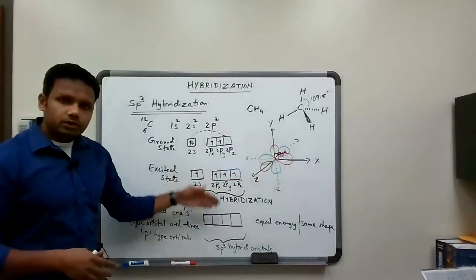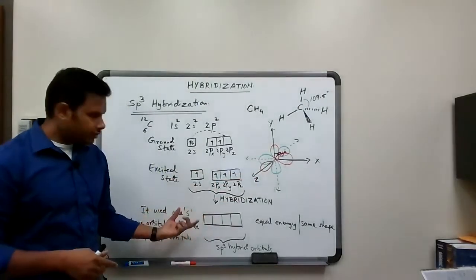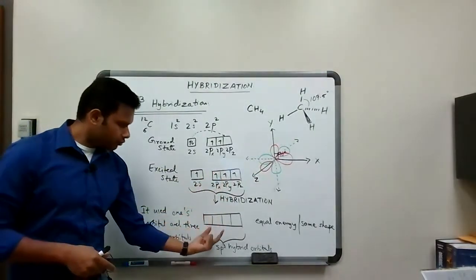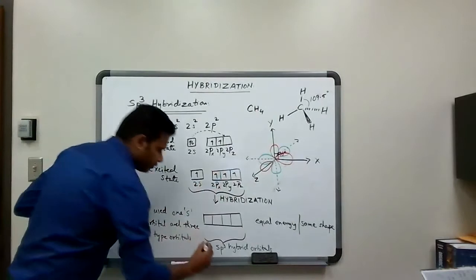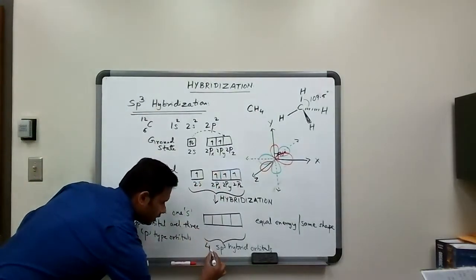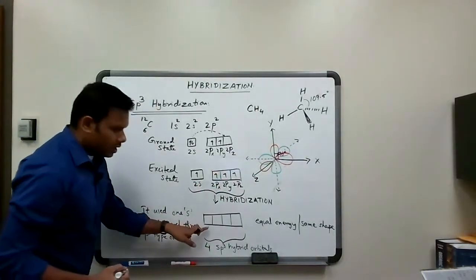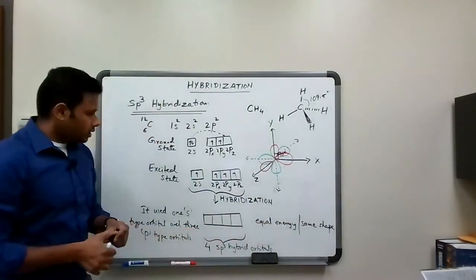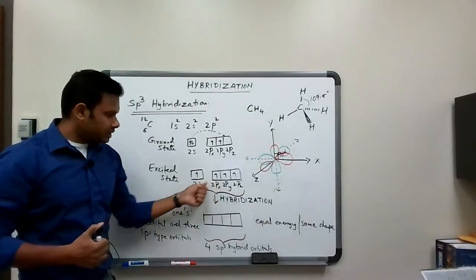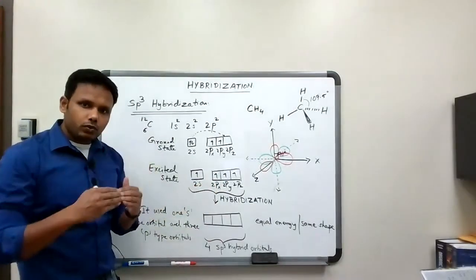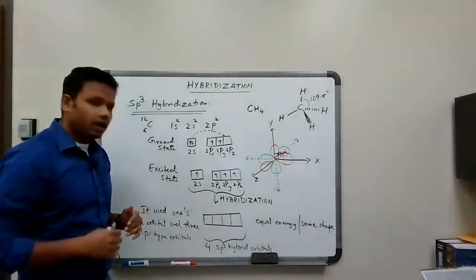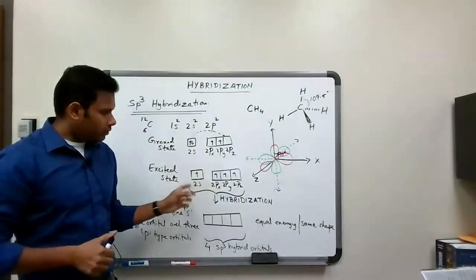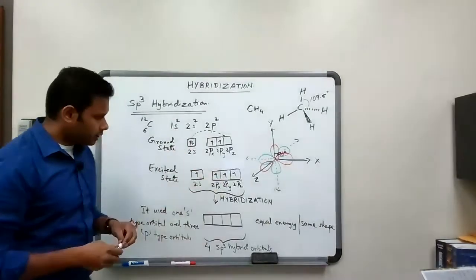But through this process of hybridization, we've converted this one s orbital and three p orbitals into four sp3 hybrid orbitals, each of equal energy and the same shape. Earlier they were not even of the same energy, because 2s is lower in energy than 2p. You learn all of that in Gen Chem.